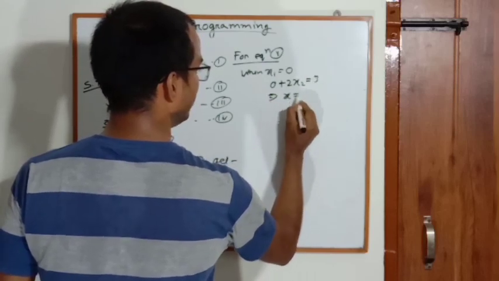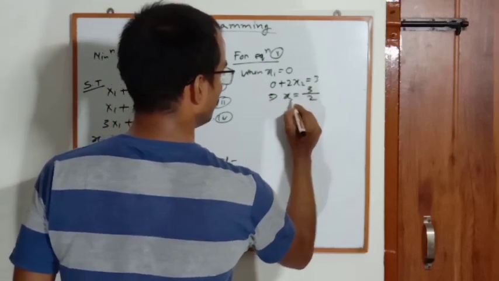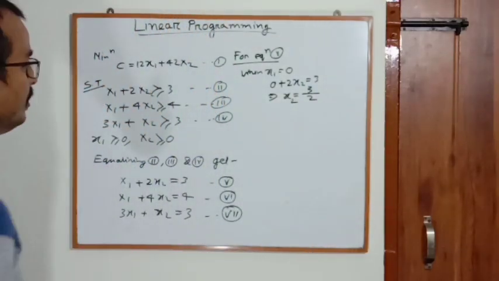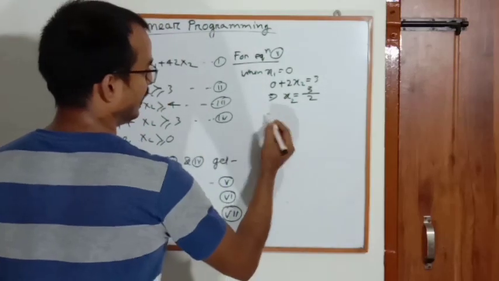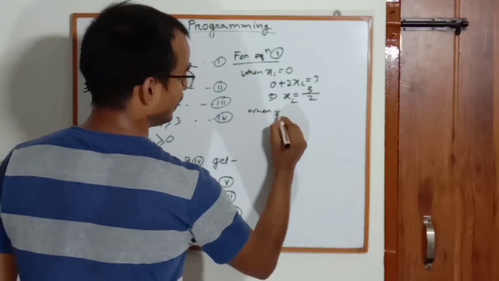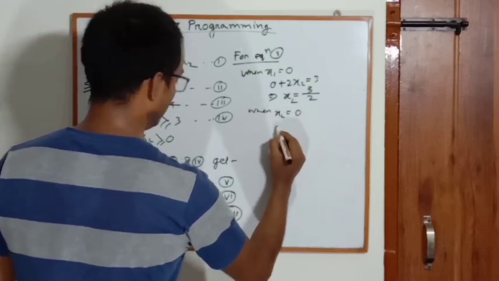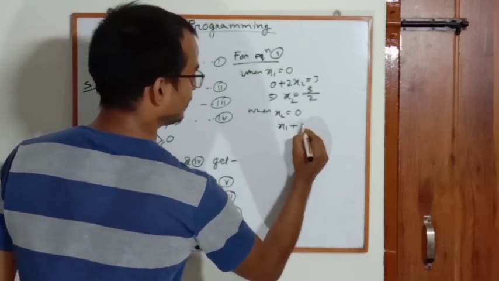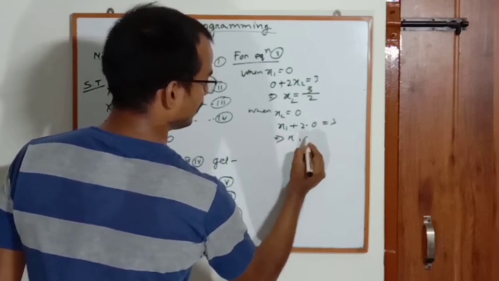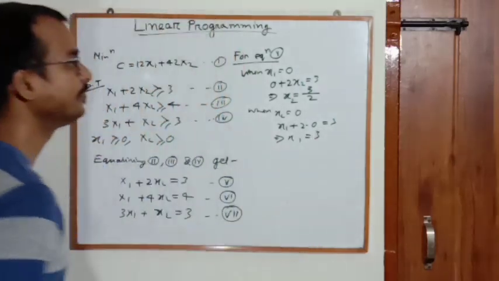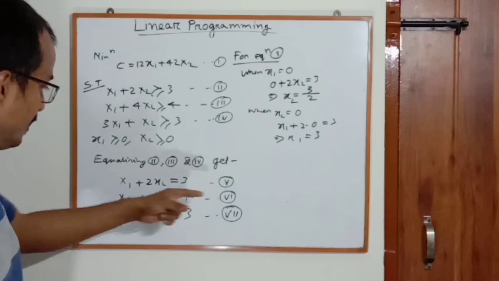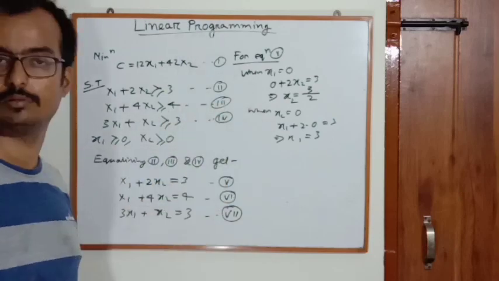So x2 will be 3 by 2, that is 1.5. And when x2 is equal to 0, it will be x1 plus 2 into 0 equal to 3, so x1 is equal to 3. In this way, for the other two, you find the values.